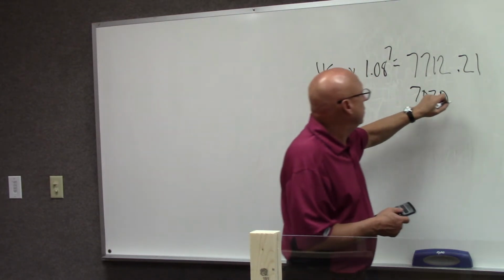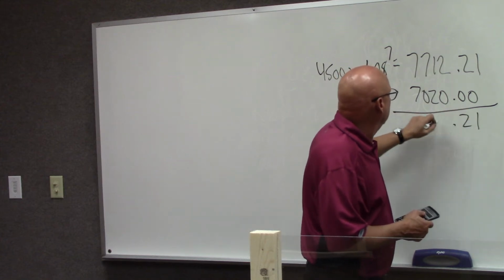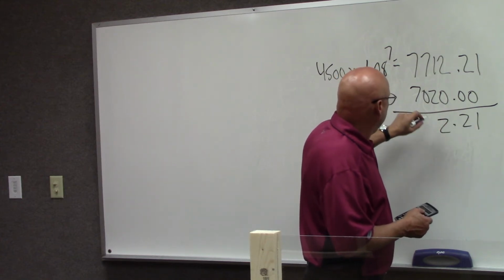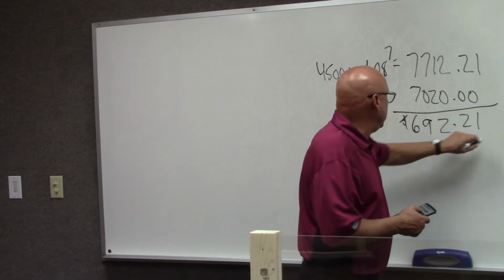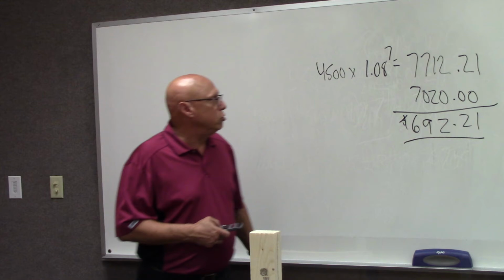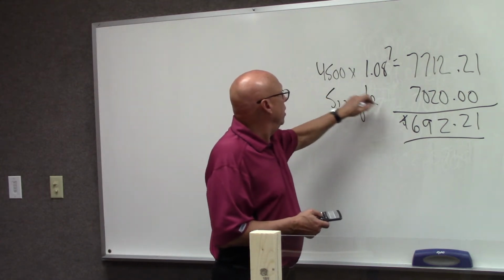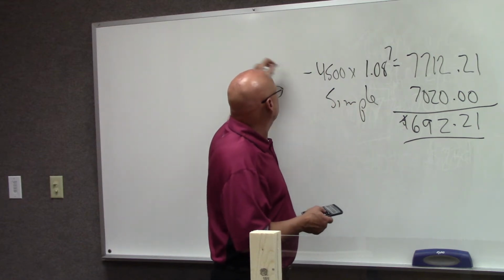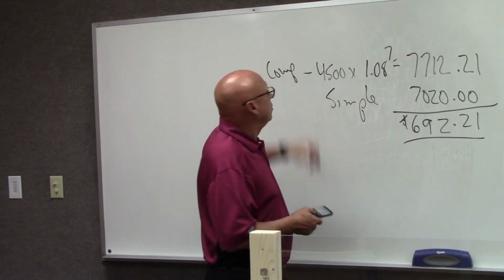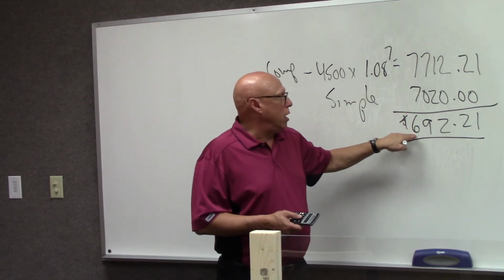So using compounding, we earn an extra, 7,712 minus 7,020, an extra $692 in interest using compounding. This was simple, and this is compound. Okay? Interest on our interest added $692.